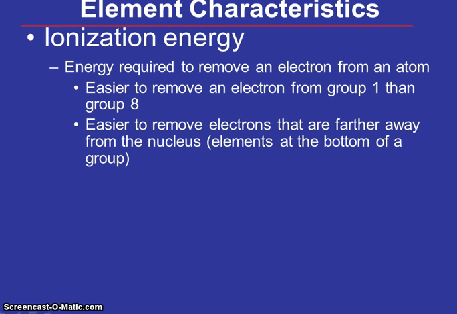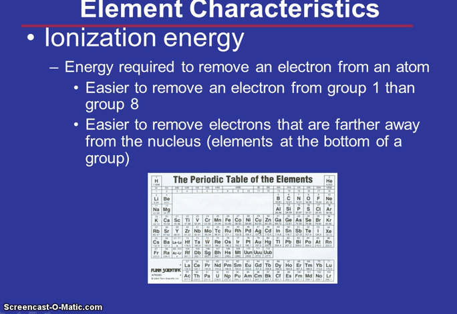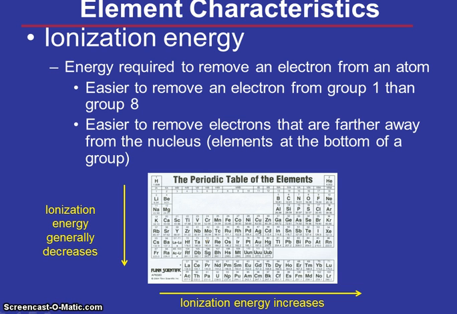It's easier to remove an electron that's farther away from the nucleus, which are elements towards the bottom of a group. So again, if we look at the general trend for ionization energy, as we go down a group, ionization energy generally decreases. As we go across a period, ionization energy generally increases.